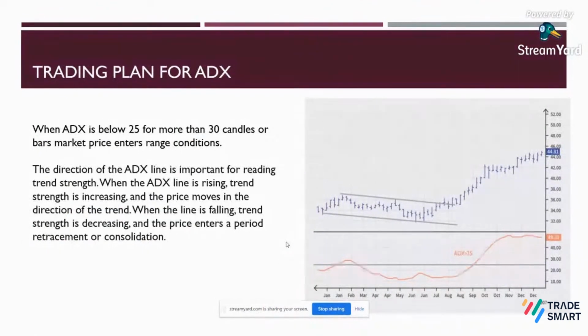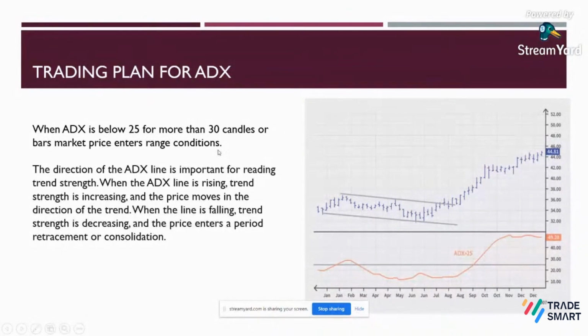So what is the trading plan for ADX? As we discussed, when ADX is below 25 for more than 30 candles or bars, as you can see from the picture here, the market price enters a range condition.